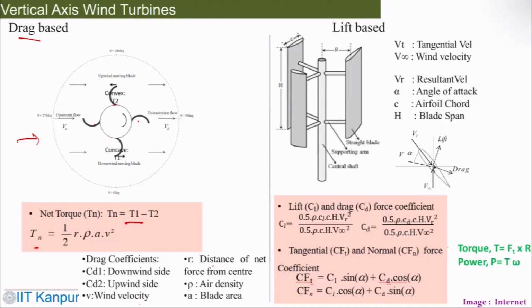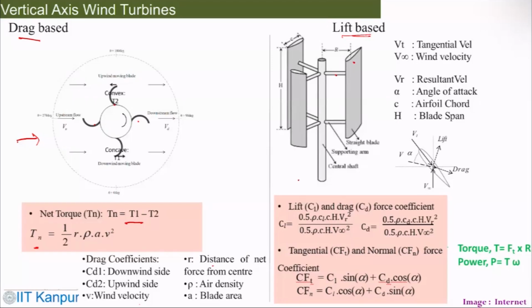The other case is the lift based. This is the Darrieus type. The drag based is the Savonius kind, a classification we have already discussed earlier. And this is the Darrieus kind, where, as you see, these are straight blades. You can clearly see the aerofoil section here. They are connected with the main shaft with a connecting rod or supporting arm.